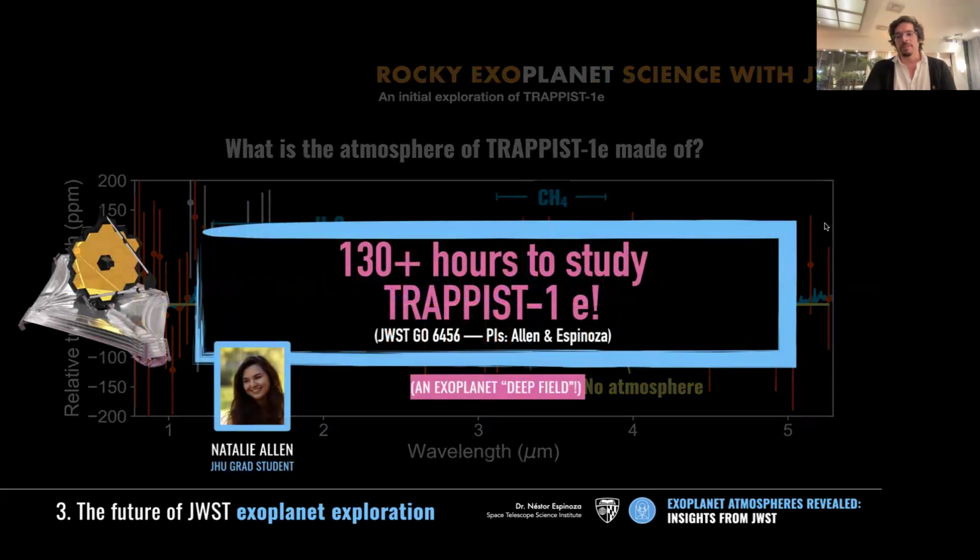So we proposed and we got over 130 hours to study TRAPPIST-1e through a JWST program with a grad student in my group, Natalie Allen, who is now graduating with honors, by producing a proposal together in our group as PIs, co-PIs with Natalie on this program, which is fantastic, right?